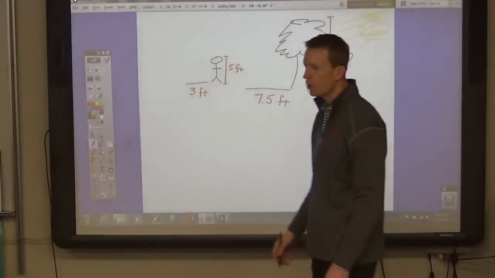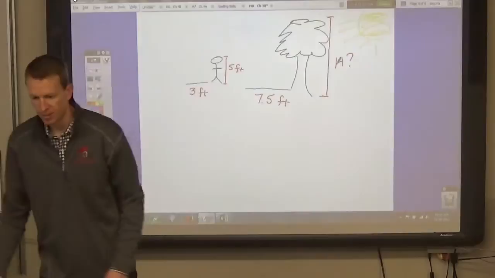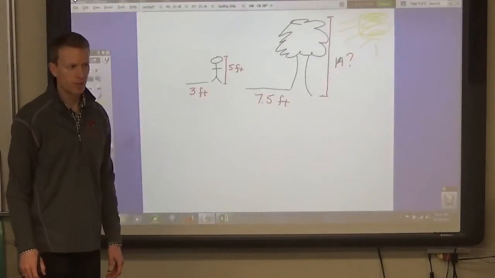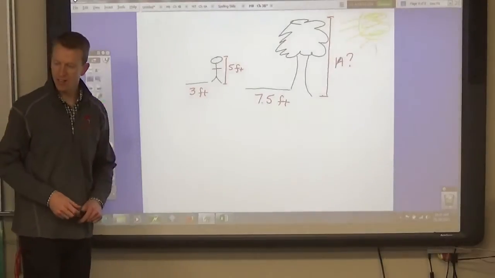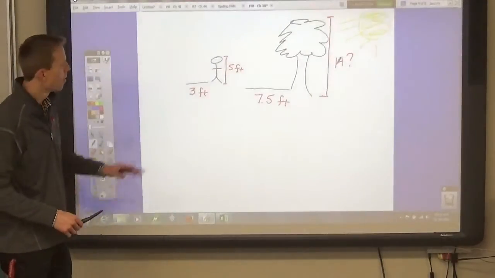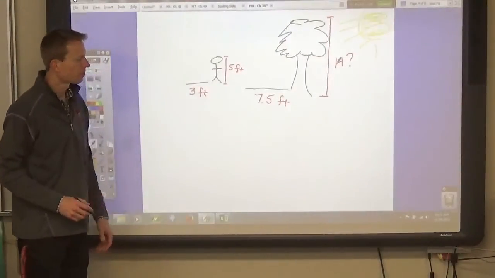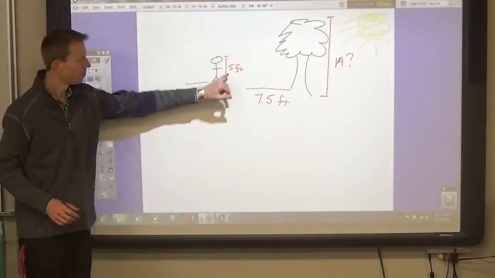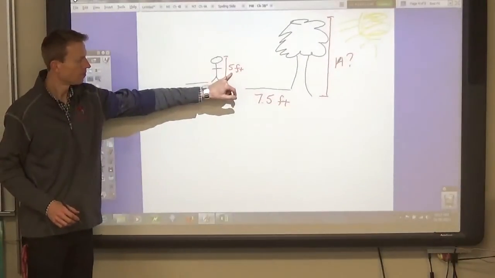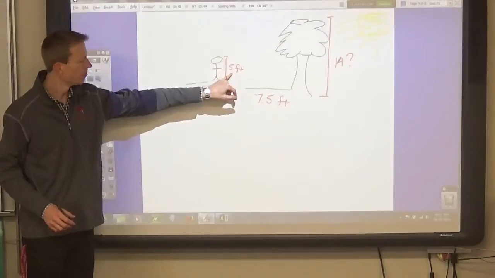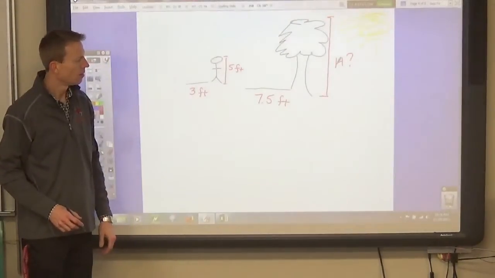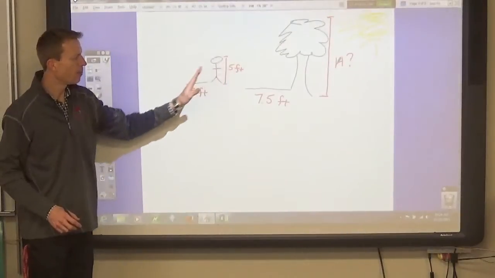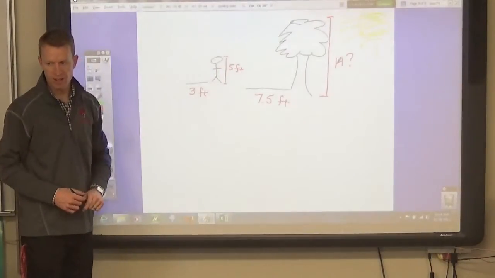So we need to write a proportion that works. What proportion would work? 5 feet over 7.5 feet. Well, wait a second. We need to compare them in the same way.